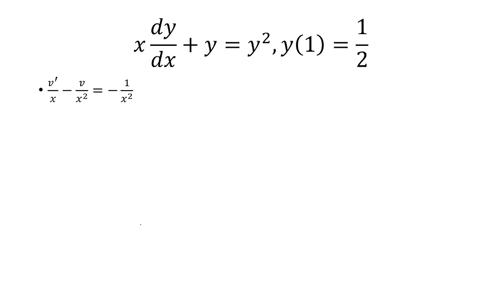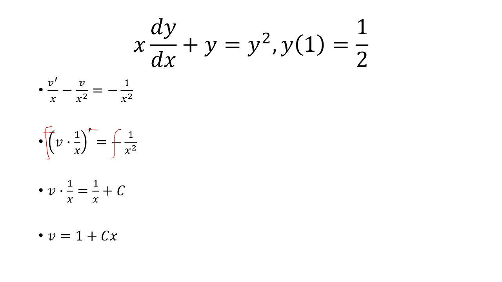And now the left side is just a product rule, the derivative of v times 1 over x. And so integrating both sides, the integral and the derivative cancel. So we just have v times 1 over x, and then the antiderivative of negative 1 over x squared is 1 over x.